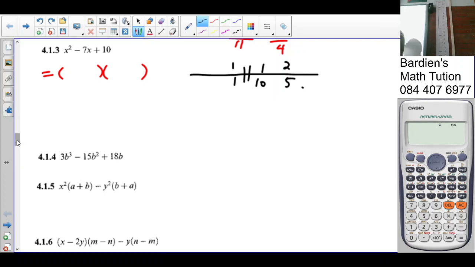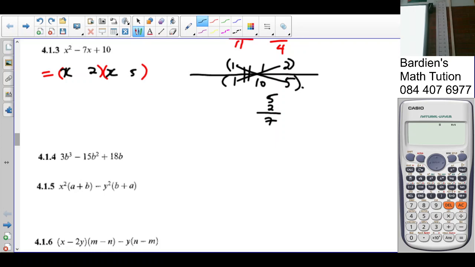Do we add or subtract our factors? Add it. So 1 times 5 is 5. 1 times 2 is 2. You add it, you get? And that's what I want. Not so? So it's going to be a 1 and a 2 in a bracket. A 1 and a 5. This is x squared. So here goes x and an x. What about our signs? Will it be same signs or different signs? Same signs.